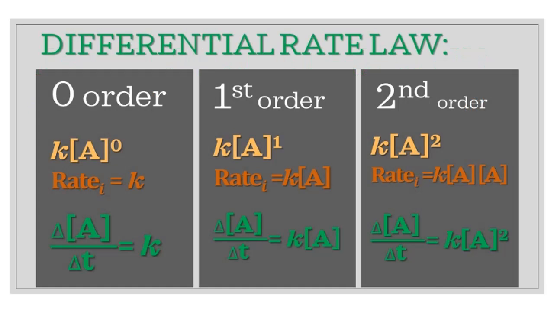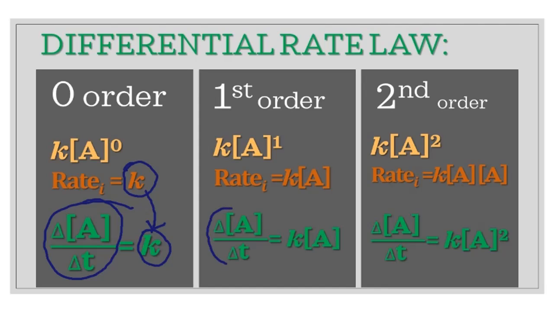It's just whatever the order is, 0, 1, or 2. Now that we've refreshed on the differential rate law, we can go back to our 0, first, and second order, and we can incorporate that into what we've learned. See, here is the change in concentration over the change in time, and here is the rate equals K. This is for the 0 order. So this would be the differential rate law for the 0 order.